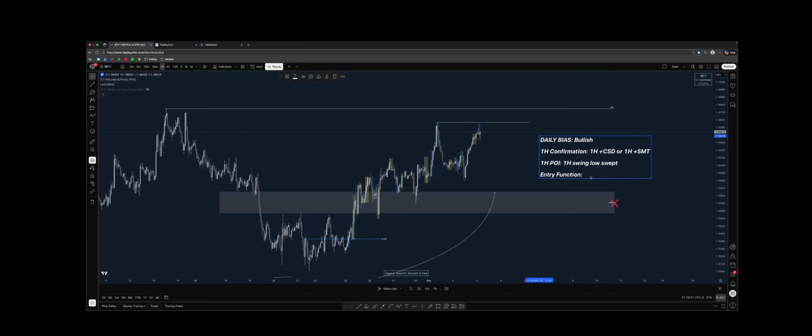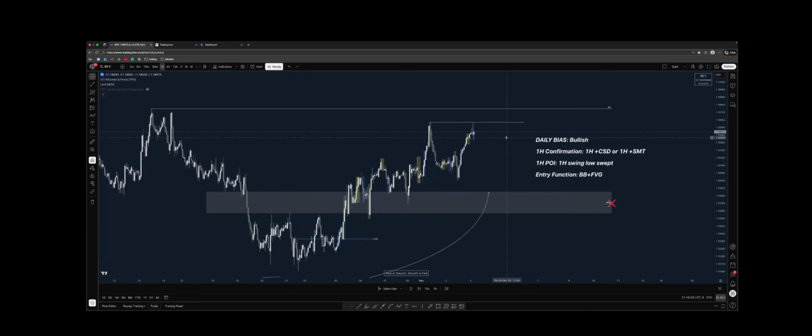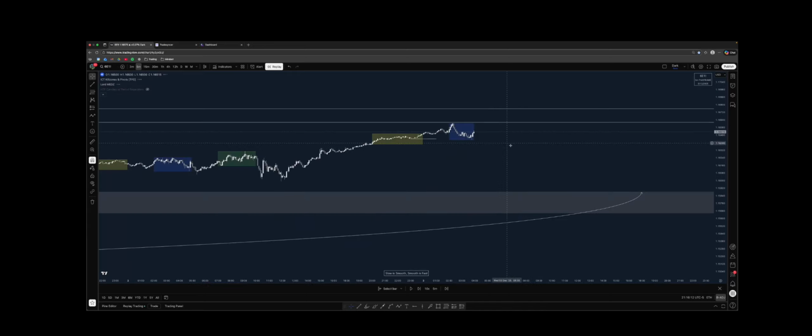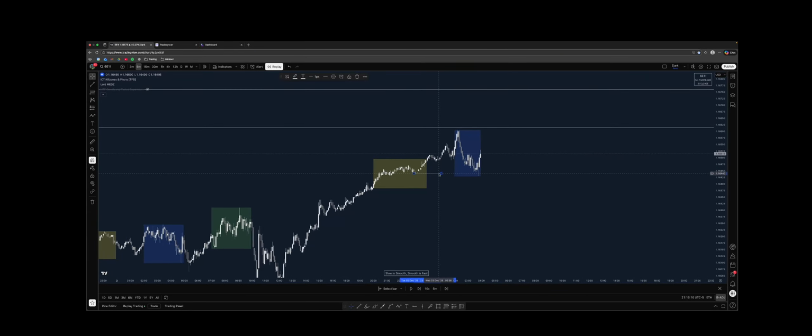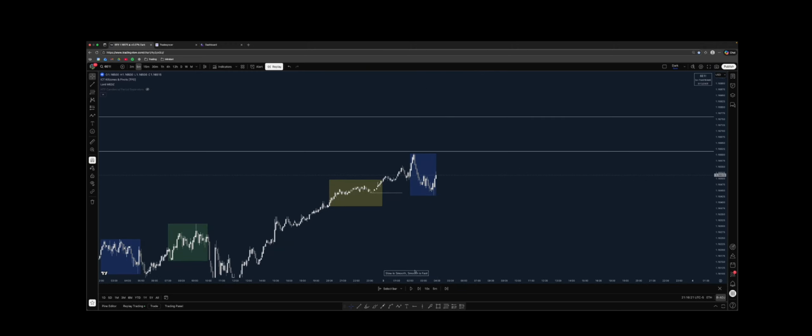Right. And the entry model I use is simply just a breaker block with an FVG. So from the hourly, I go down to the 5 minute because that's the time frame I use to execute on. This is the 1 hour swing low that was swept, and we can see here price has created an entry function because we've had a low time frame stop run, and then we've had displacement through the up close candle before the leg down that took liquidity.